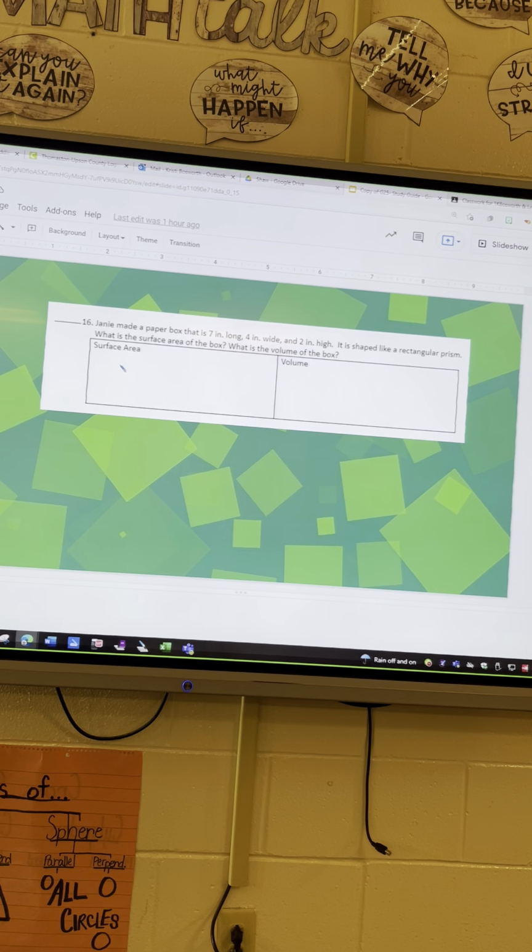Well, on the surface area, I know that I'm going to have length, width, height, and on the ones like this, I kind of like to do my little smiley face. We have 7, 4, and 2.